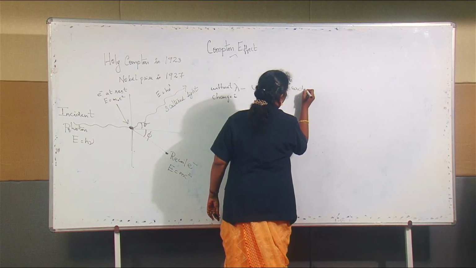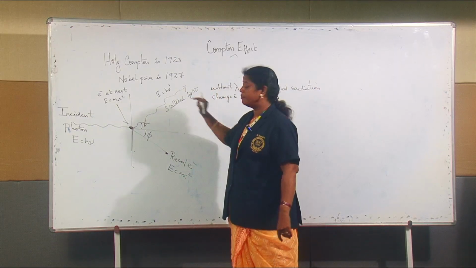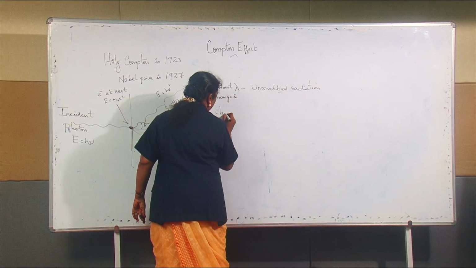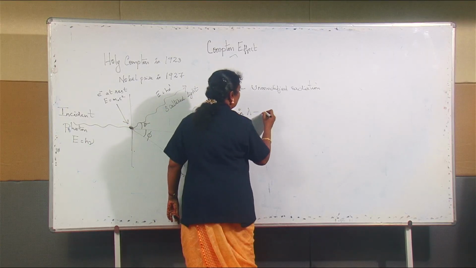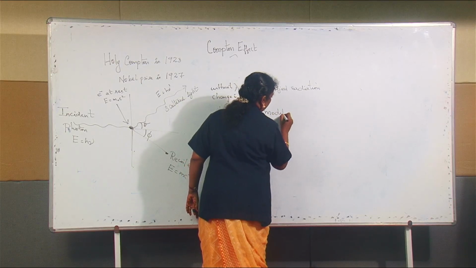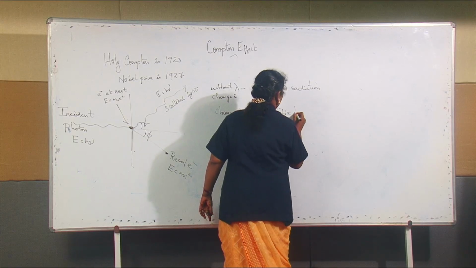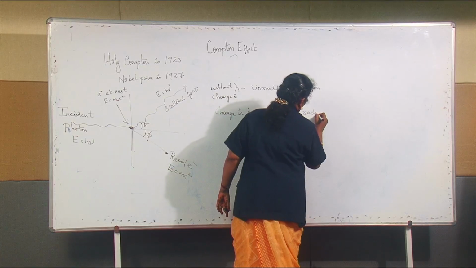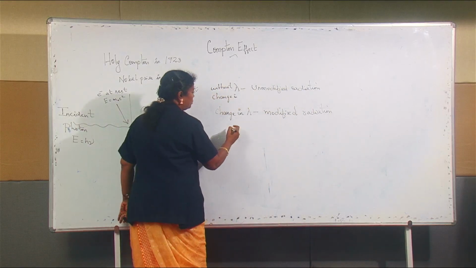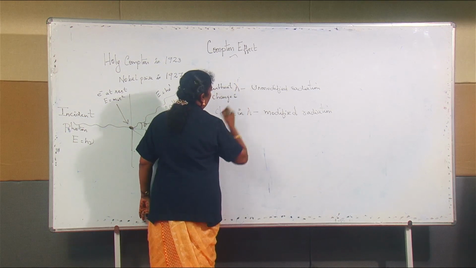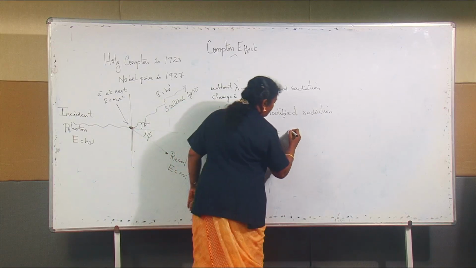Where there is a change in wavelength, it is called modified radiation. The difference between these two, lambda dash minus lambda, which is delta lambda, is called the Compton shift.